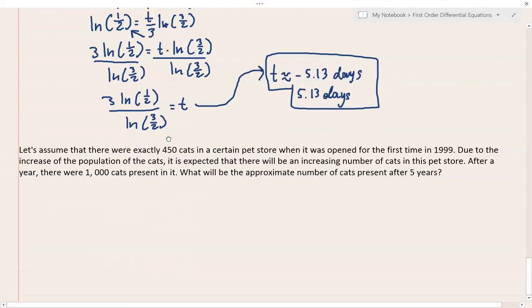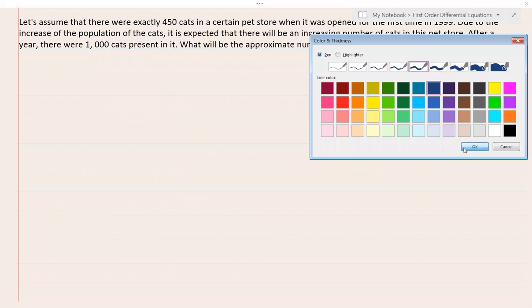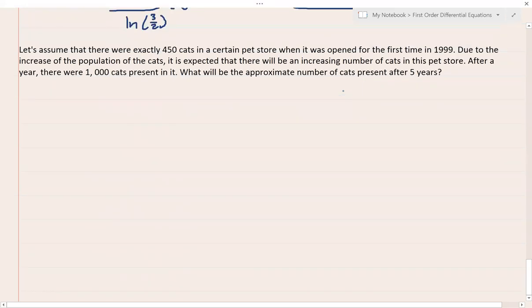Okay, last problem natin. Let's assume that there were exactly 450 cats in a certain pet store when it was opened for the first time in 1990.